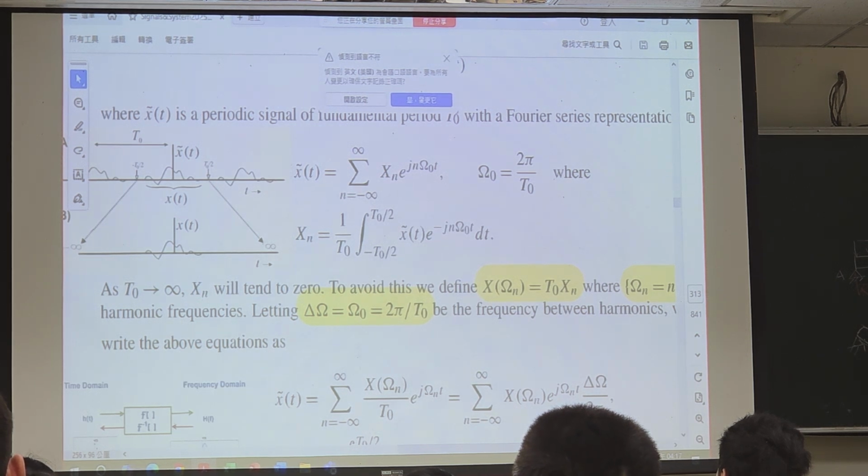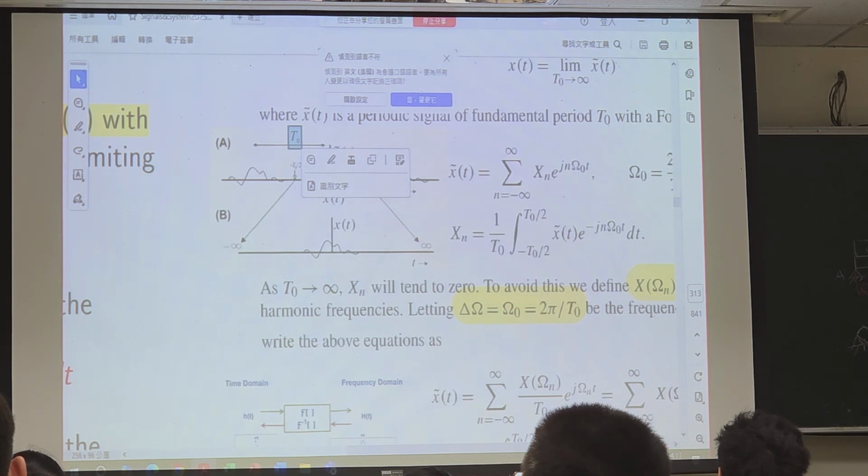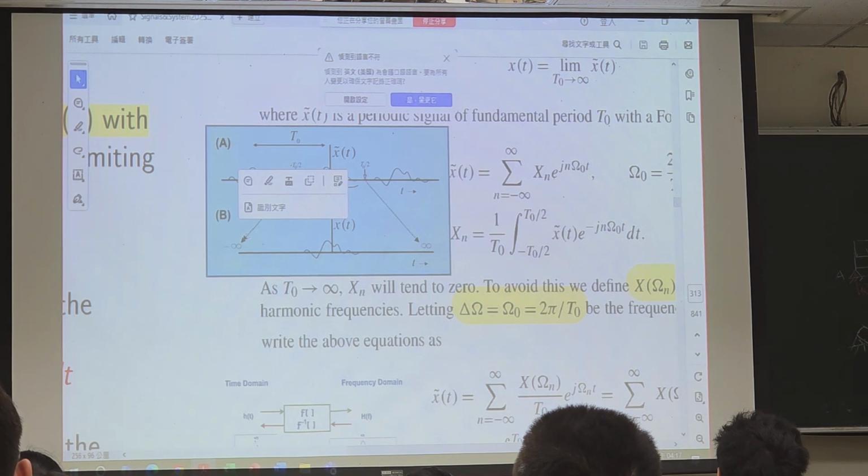Now, if we imagine that we let the period of this periodic function be extended, this t sub 0 be extended to a big number, larger and larger and larger. Okay? So, let me zoom in a little bit.